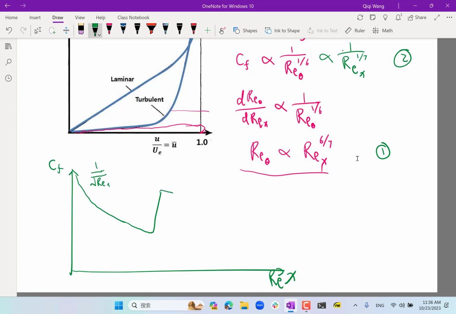And then afterwards the skin friction decays at a very slow rate. So that's the normal skin friction coefficient curve you see on laminar then turbulent boundary layers. All right. Okay. Questions?